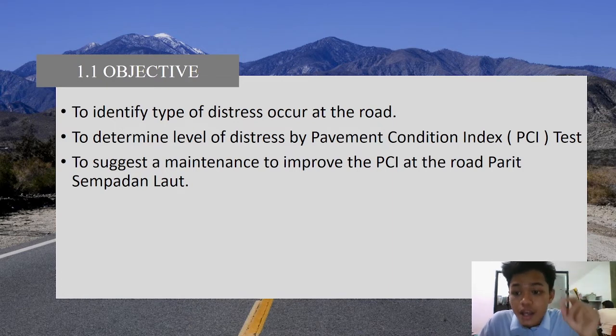Other than that, we also suggest maintenance to improve the PCI at Parit Sepadan Laut. So, from the suggestion, maybe the government can use it in future to improve our road.